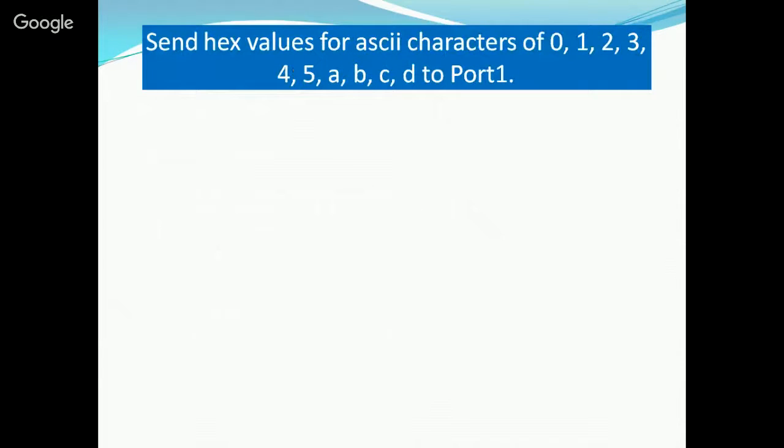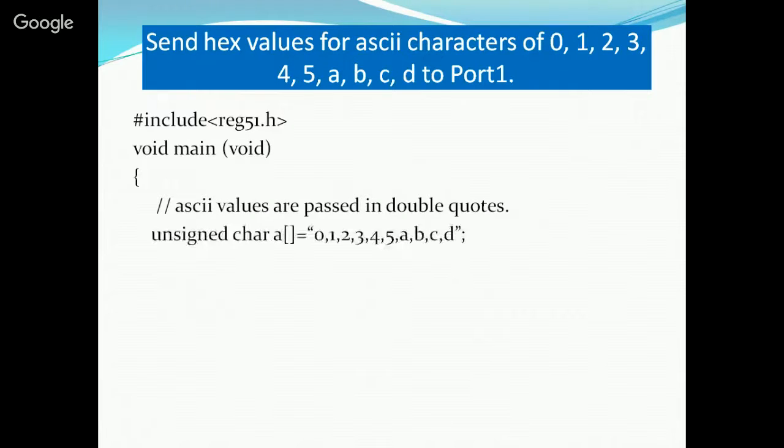Okay. Next is how to send the hex values for the ASCII characters to port P1. In this case, what is important is that the ASCII values are passed in double quotes. Just a minute, I'll write on the board also for our participants here.